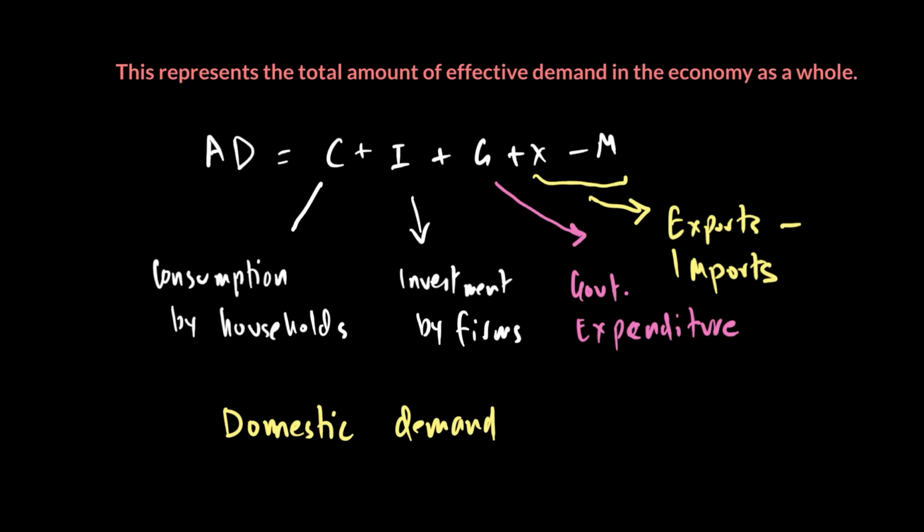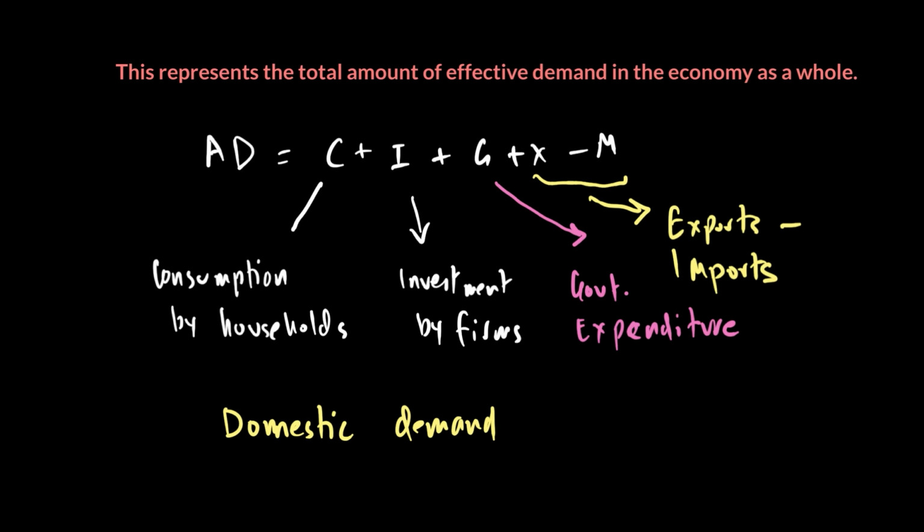So let's look at consumption very closely. If you look at consumption as a component, it is the consumption done by households on goods and services. Now, this is probably one of the more important factors when it comes to the total output or GDP of an economy, because consumption makes up roughly 50% of any economy's total demand.